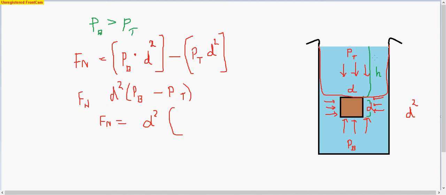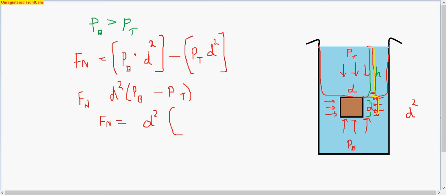PB is actually this H, this height, plus D, right? Plus D. I'll do it in another color. It's this height H plus D. That is what PB is. I mean, the height in the equation H rho G for PB is. So the other ones are same. Rho into H plus D, right?